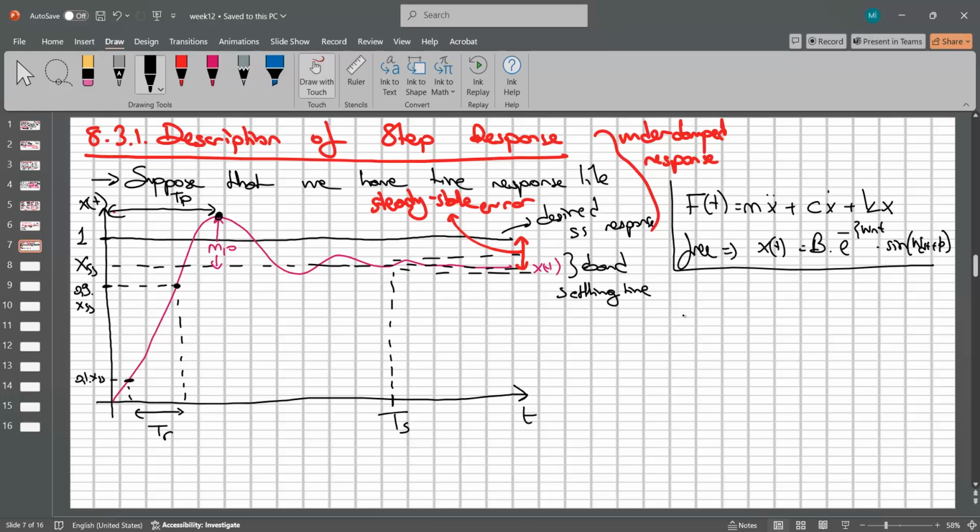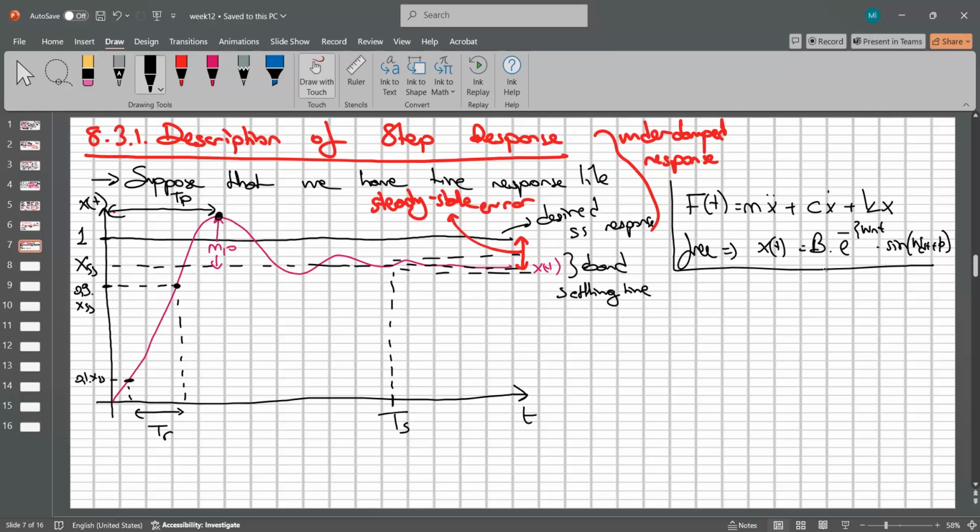Okay? This is the free response. But why do we use the zeta times wn at the place of the exponential?